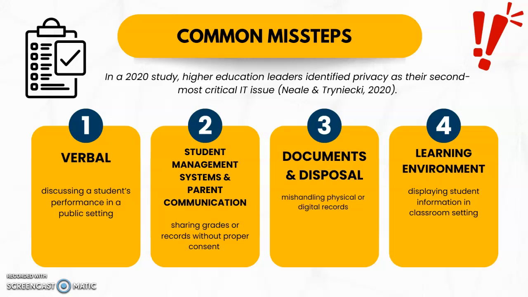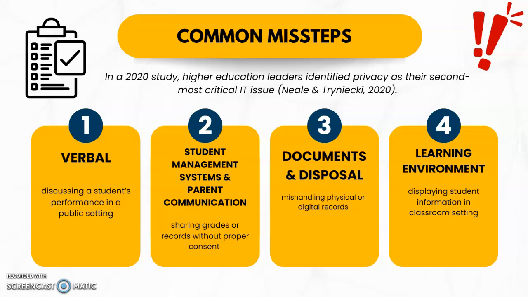So we need to be very mindful of looking at who has rights and access to that student's information in the first place, so that when we are sending or reaching out to parents or guardians for communication, that we're sharing grades and records with the proper people with proper consent.